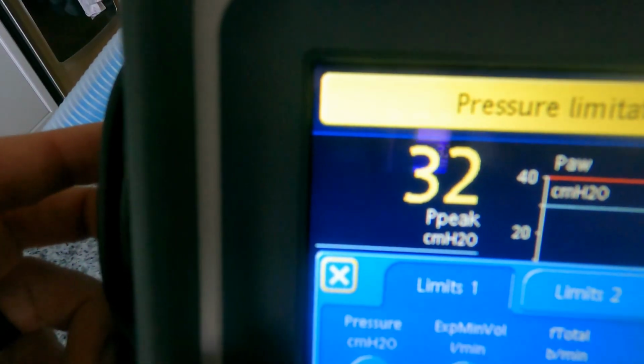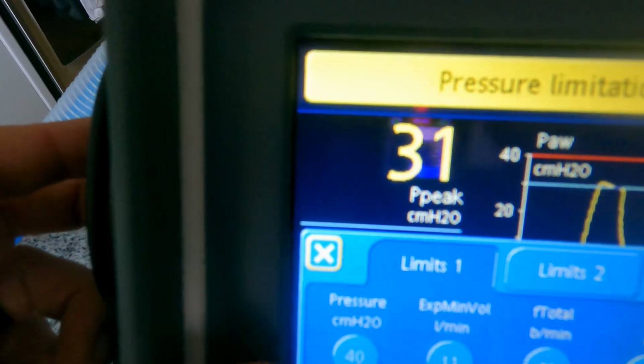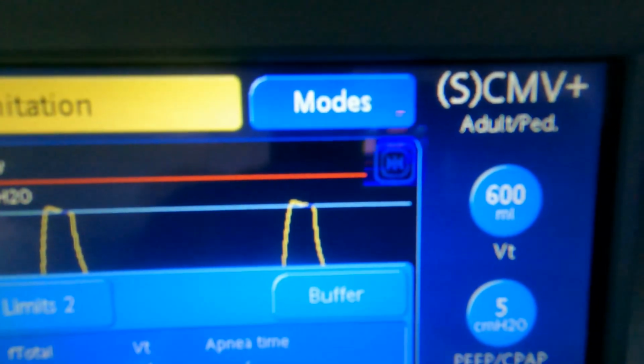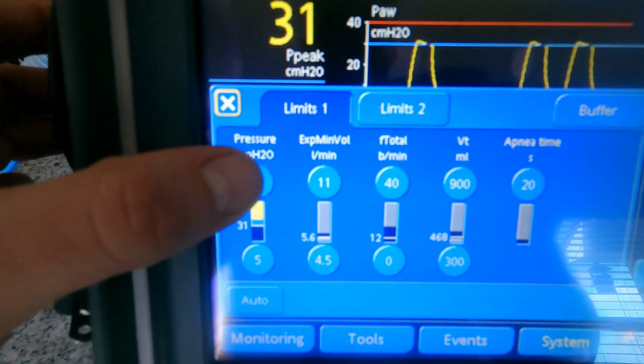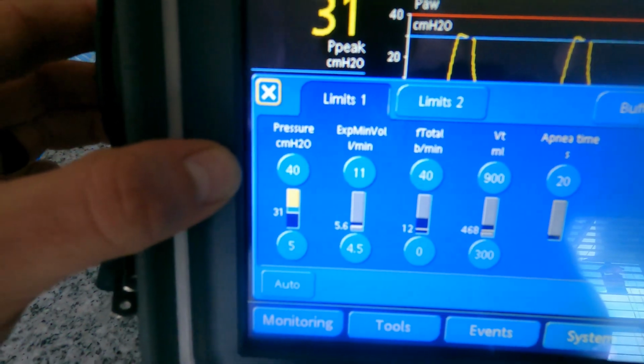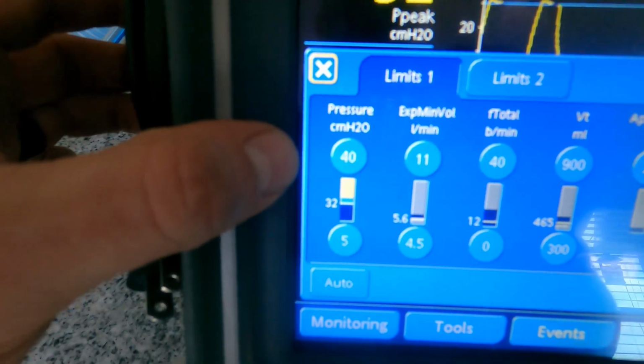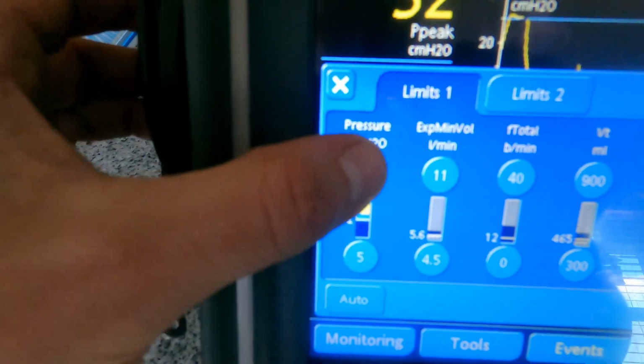So you can see here that our pressures are about 32, 31, and we're not getting that 600 mLs that we're looking for. So since we took a P-plat and we know that it is not 30, we know we're safe to increase our pressure limit. So I'm going to go ahead and increase it by, we'll say 3.